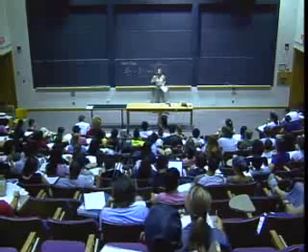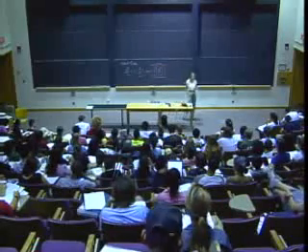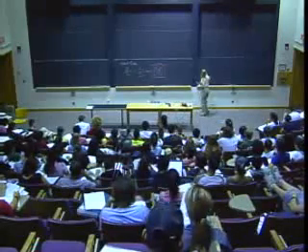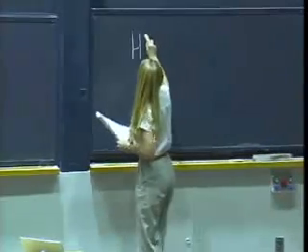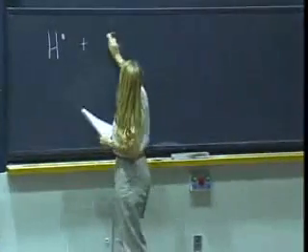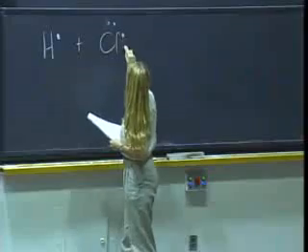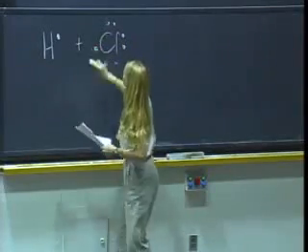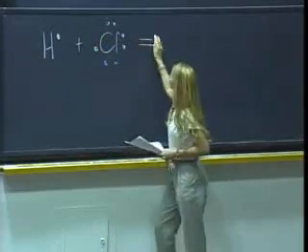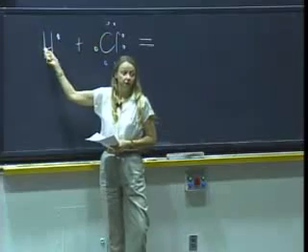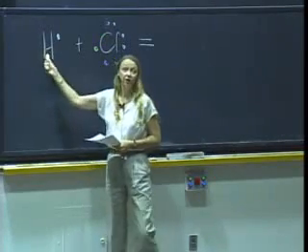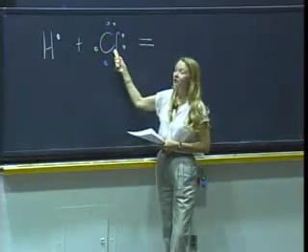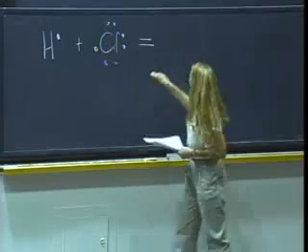Now, that's the case, of course, for all the elements except hydrogen. In the case of hydrogen, we're coming in with one atom. Say it's combining or reacting with a chlorine atom. Well, in this case, this electron from the hydrogen is going to be shared with this electron from the chlorine.